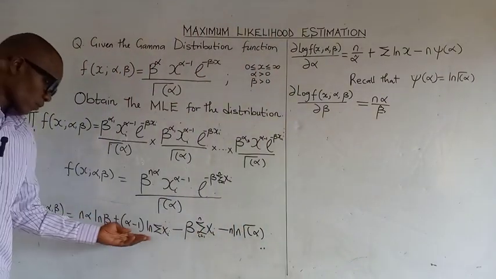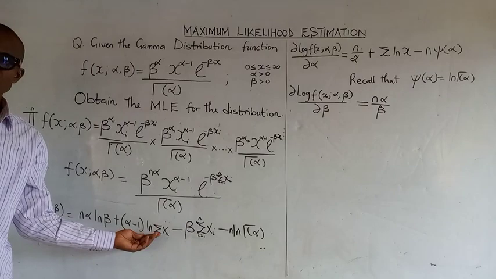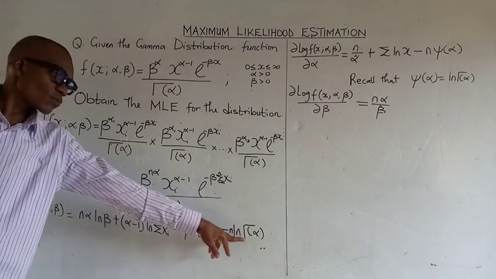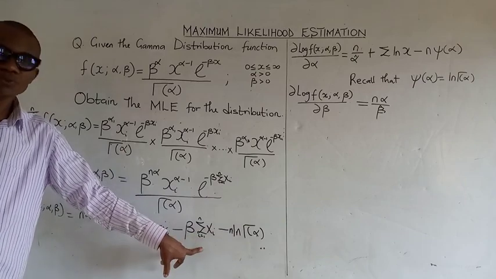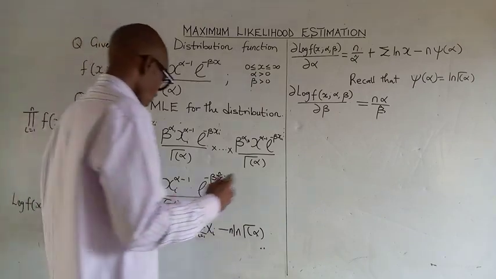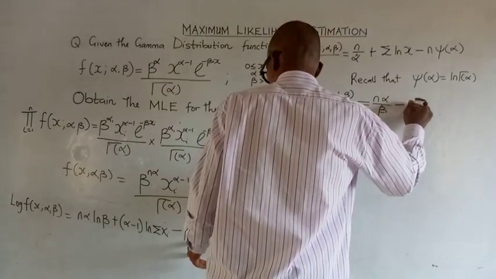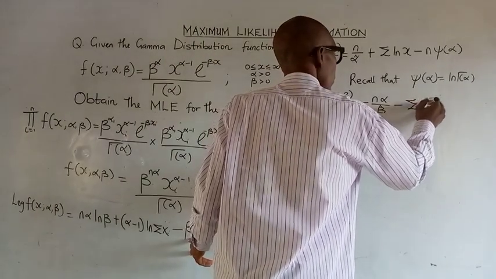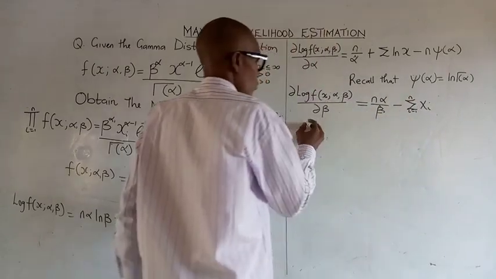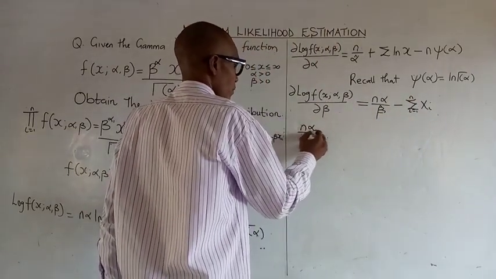Now, if we differentiate this, we get 0. If we differentiate this, we also get 0. So we are left with just this one. So we differentiate this to give us minus summation of xi. What we do is just to equate to 0.